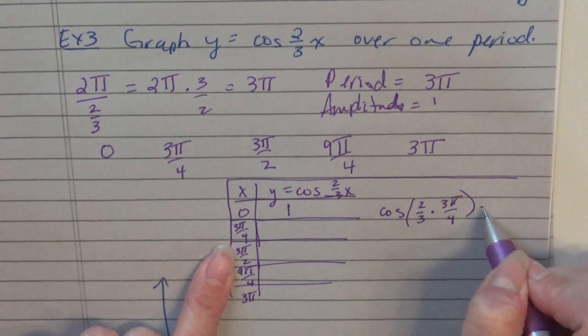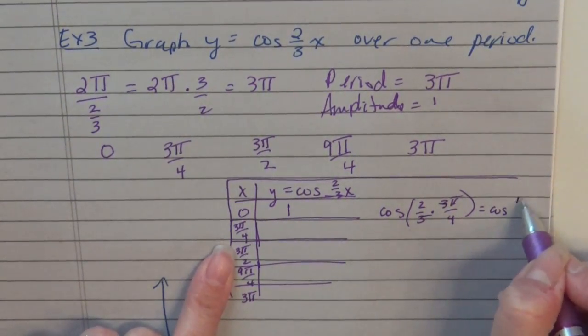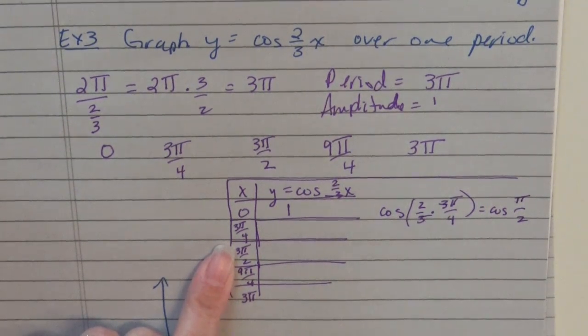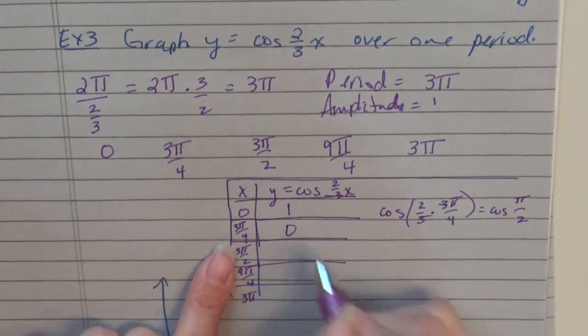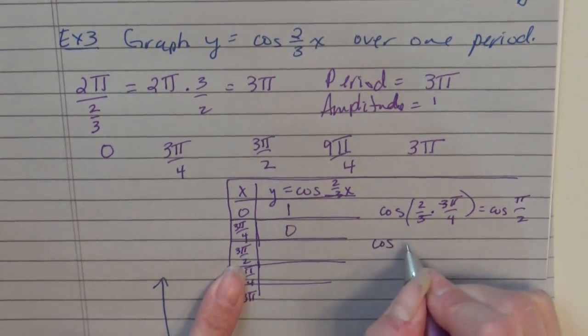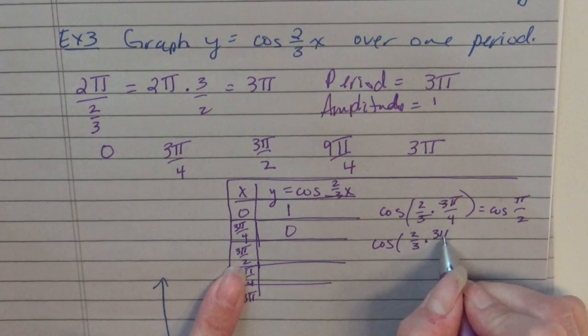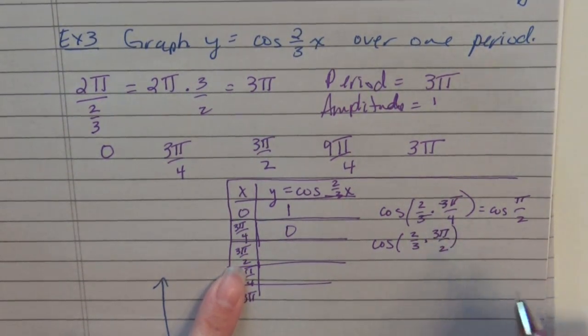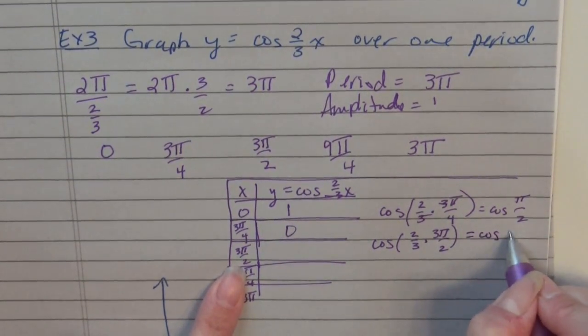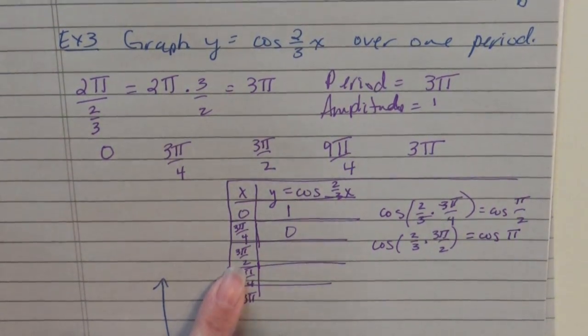So that's going to be cosine of pi over 2. And cosine pi over 2 is 0. Okay? Then we need cosine of 2/3 times, and we're putting in the 3 pi over 2 this time. That's going to give me cosine of pi. And cosine of pi is -1.